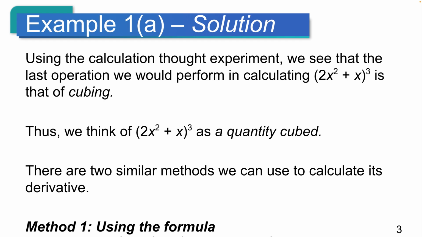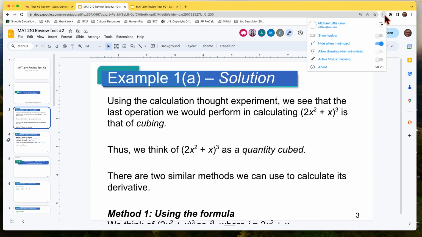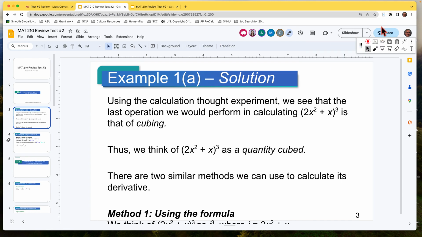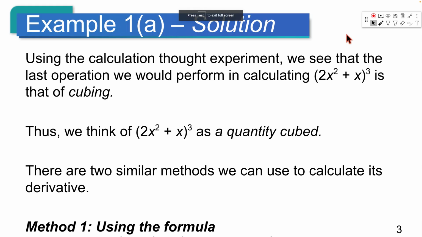So we start off with what is the chain rule. The main thing with the chain rule is to be able to identify that there's a function within a function.